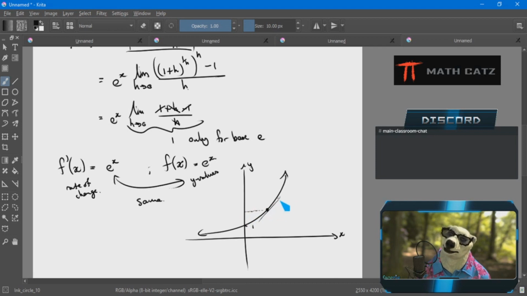So then I go up, right? It's a positive value, so I increase. Then I get a higher y value, which means the slope, which is the same, is even steeper. So it increases faster, and it increases faster. The rate of change is exactly the same as the function value at that point.